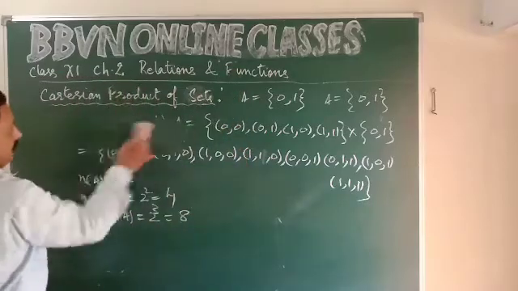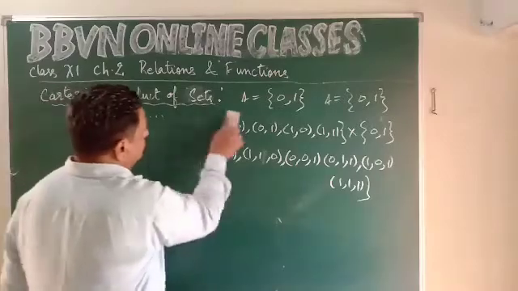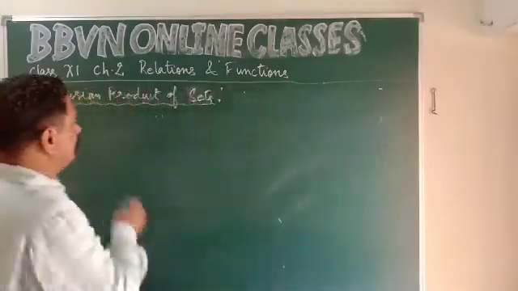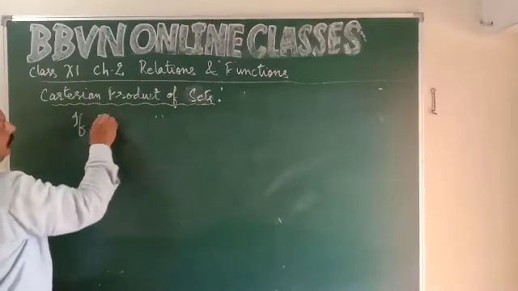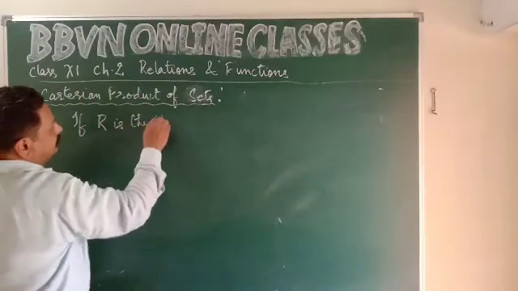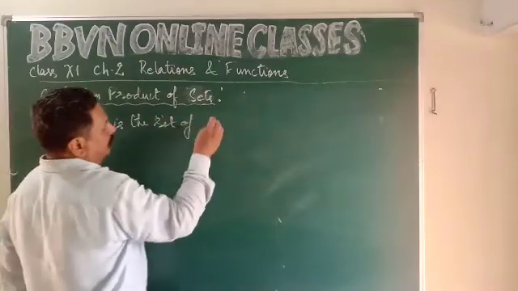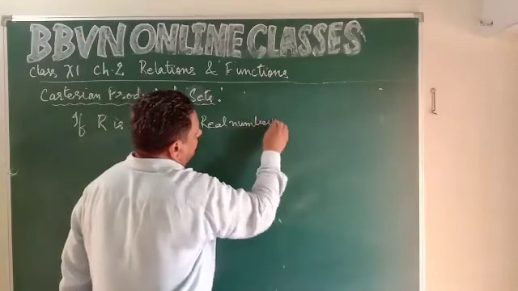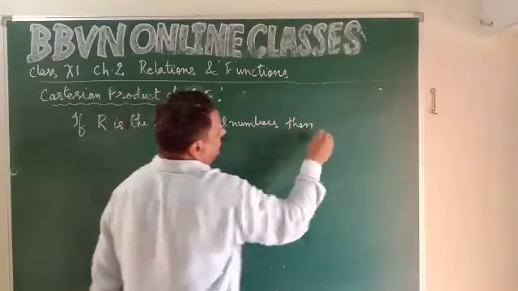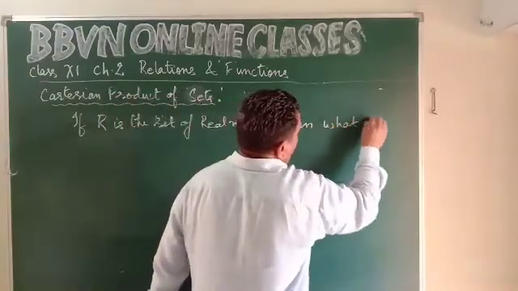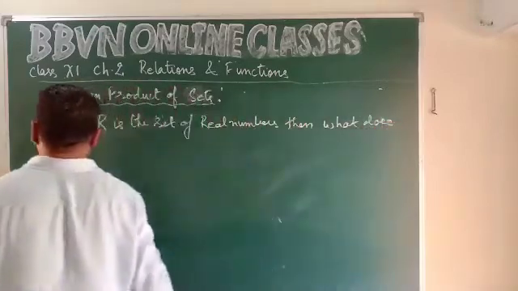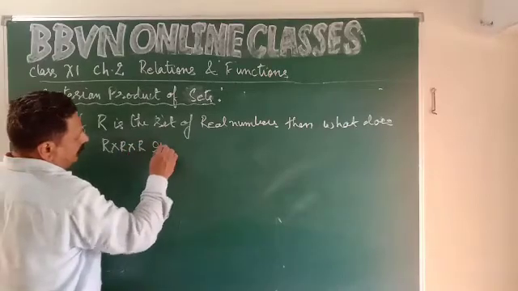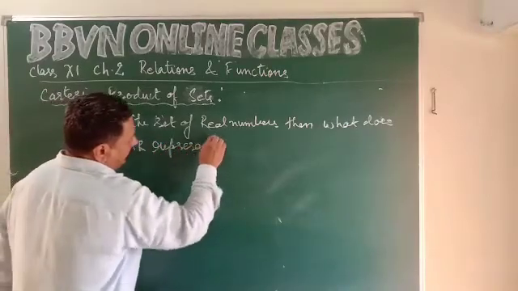So another question. If R is the set of real numbers, then what does R cross R cross R represent?